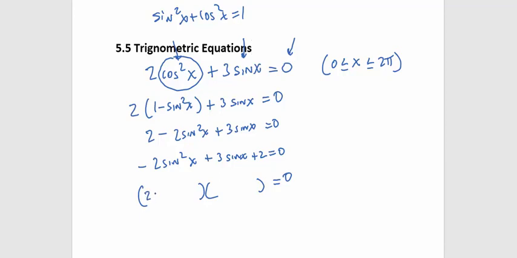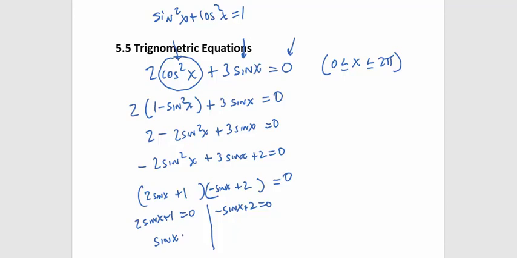So 2 sine of x plus 1 and negative sine of x plus 2. That's what that factors into. Now once I've got that factored, I can solve each of these. So I'll say 2 sine of x plus 1 equals 0. Here I would subtract 1 and divide by 2.